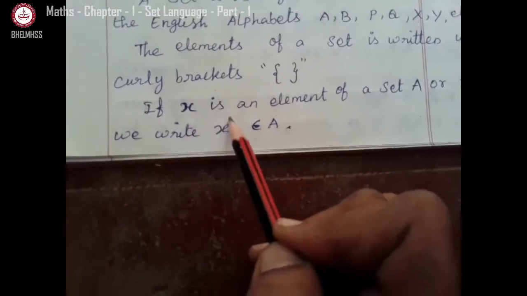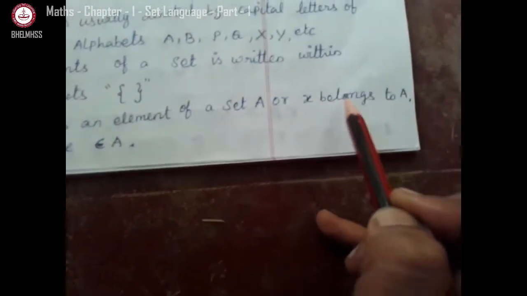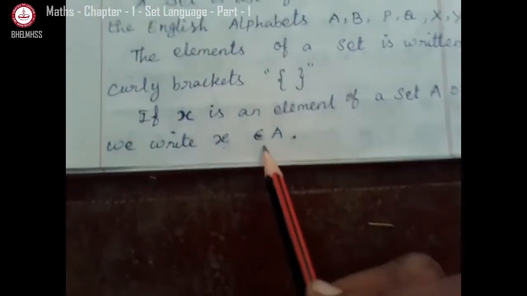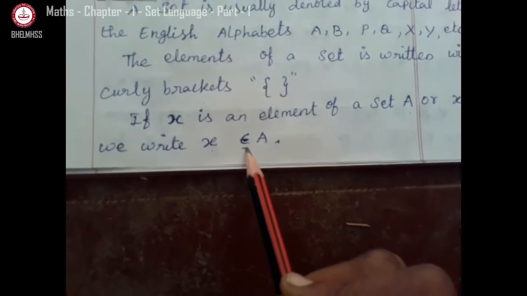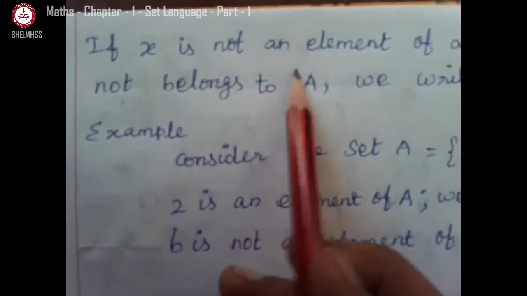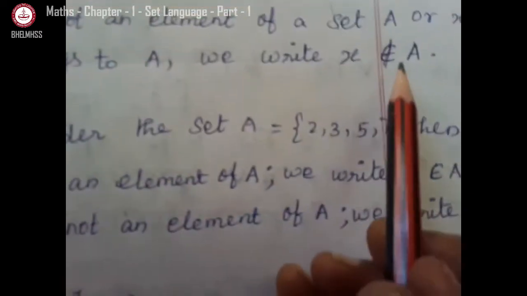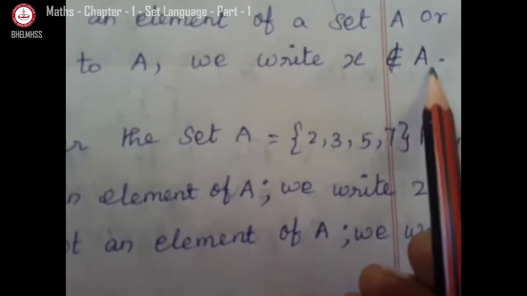If x is an element of a set A, or x belongs to A, we write x ∈ A. This symbol is called belongs to. If x is not an element of set A, or x does not belong to A, we write x ∉ A.